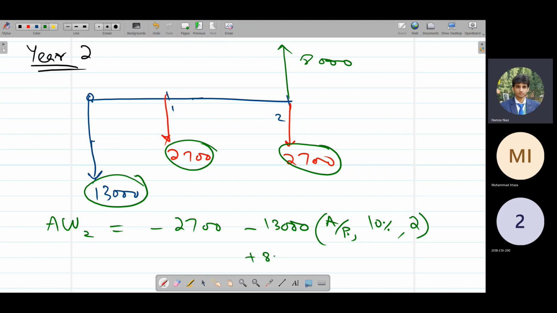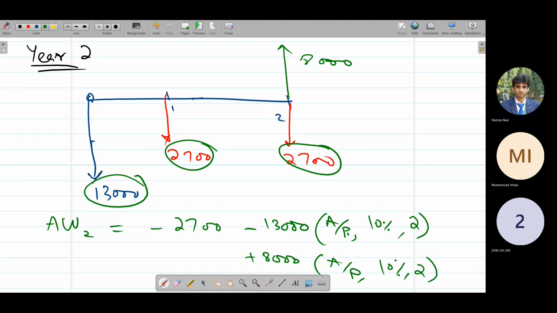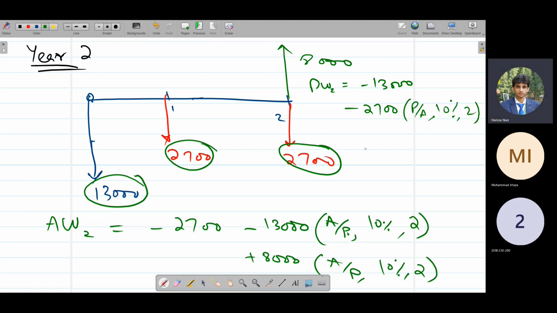And again, plus 8,000, we find A, we are given P, 10% and 2. So this way we can find its annual worth, or if you want to find its present worth, we can use the same formula. Minus 13,000 minus 2,700 P over A 10% 2 and plus 8,000 P over F 10% and 2.